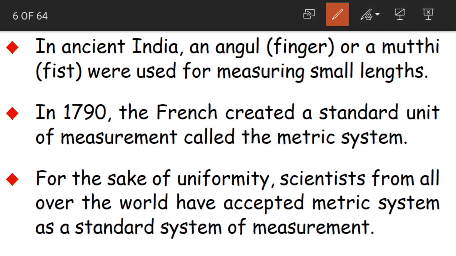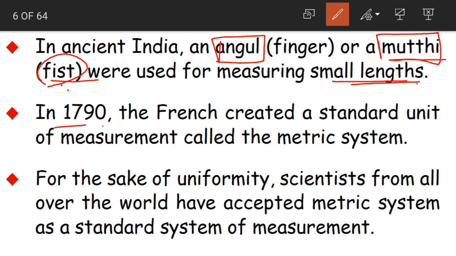If we have very small lengths, to measure those in ancient India, that is in our country, we used angle and muthi. Angle means finger children. See, one finger. So length of one finger, or else muthi. Muthi means fist. Fist means what? When we close all our fingers together, then we get our muthi, also called as fist in English. So angle and muthi were used for measuring small lengths.